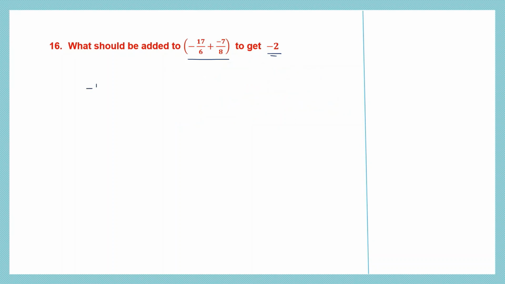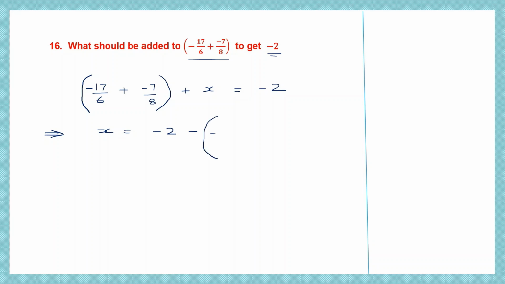So we have minus 17 by 6 plus minus 7 by 8. Now what should I add to this? We'll keep that number as x to get minus 2. So as we saw in the example, we have to subtract. So to find the value of x, we say minus 2 minus, now we're going to write what is within brackets.